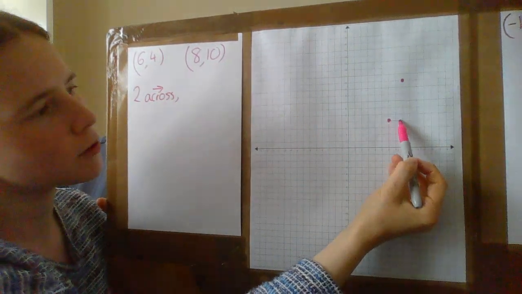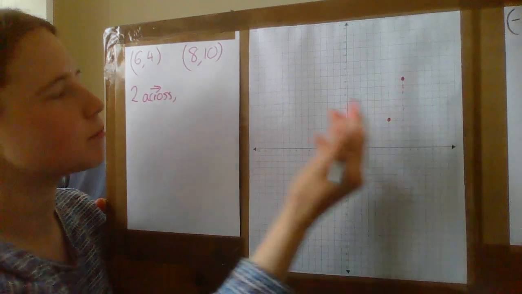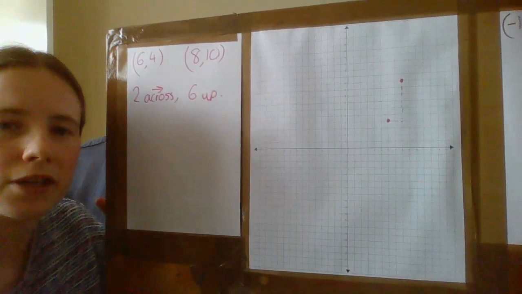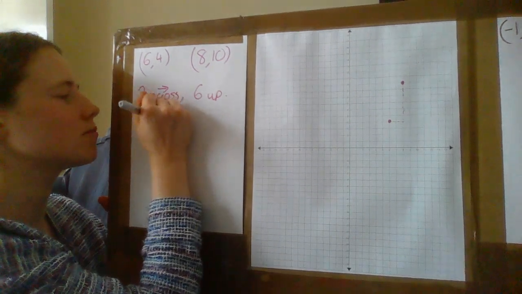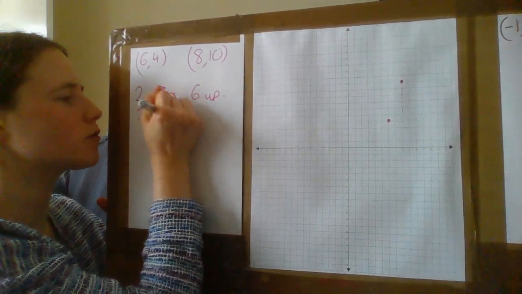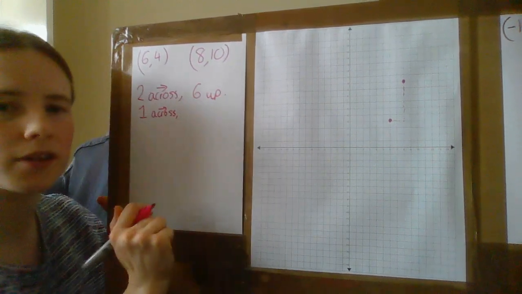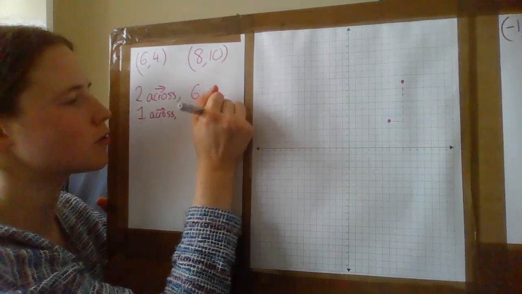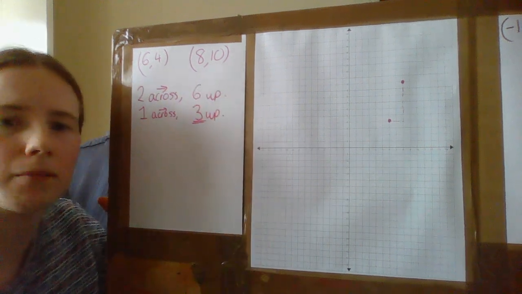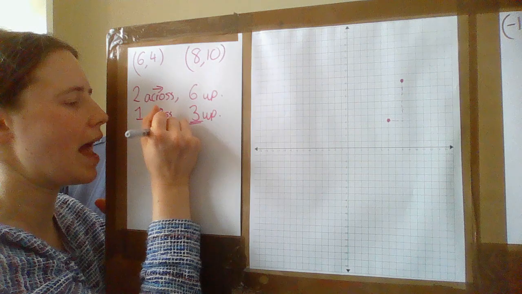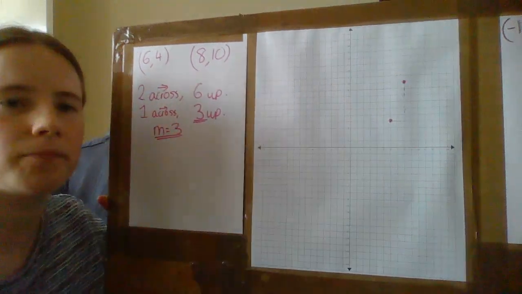So I'm thinking 2 across and then 6 up. Now, in order to find gradient, I need it to be 1 across going from left to right. So I'm going to need to divide this by 2, and I'm going to need to divide this by 2, and I get it to 3 up. This number is now my gradient, which I call my m value. Okay, so I can say m, or gradient, is 3.